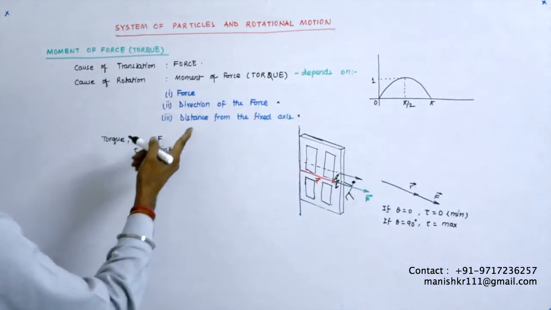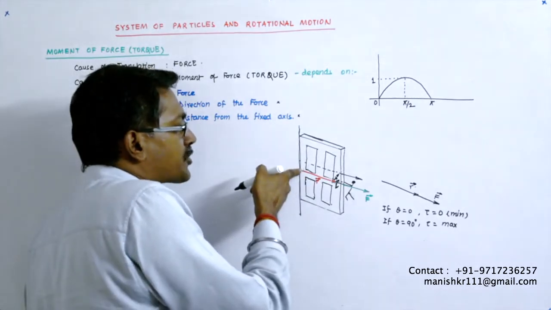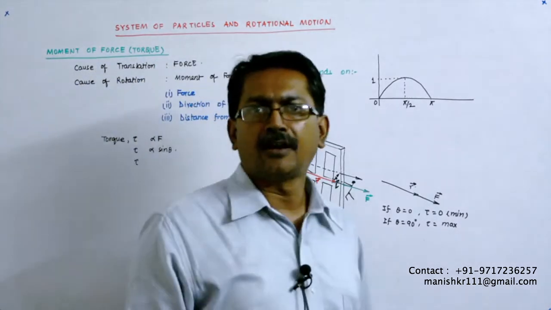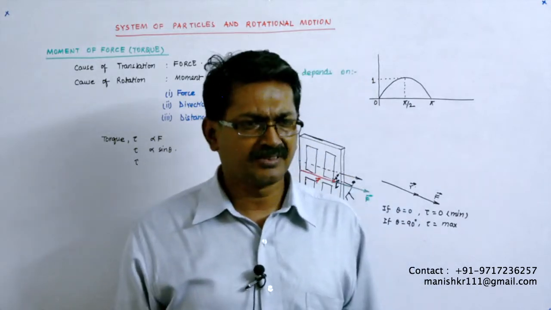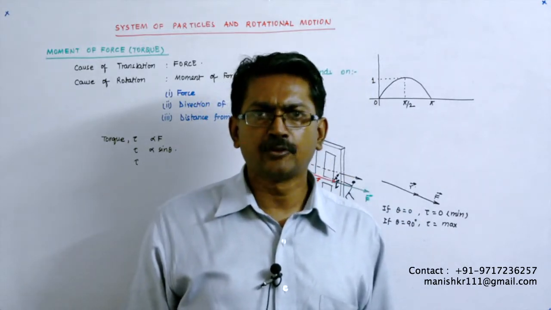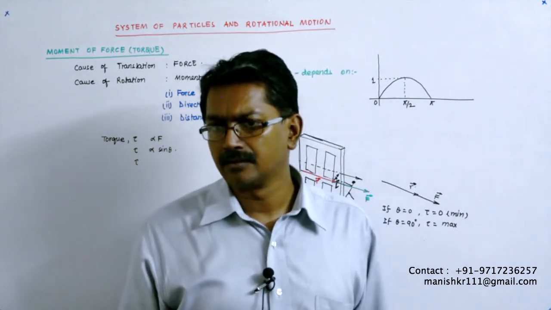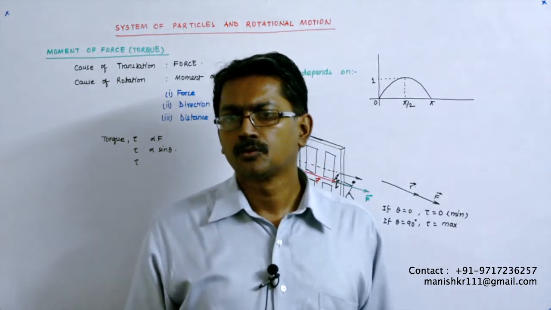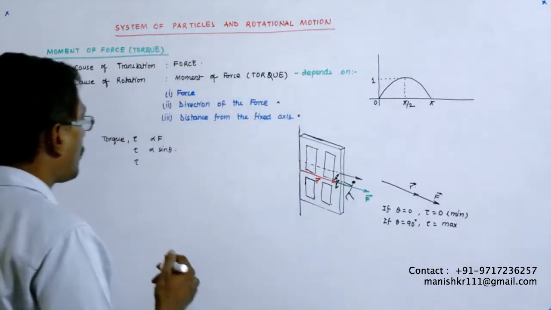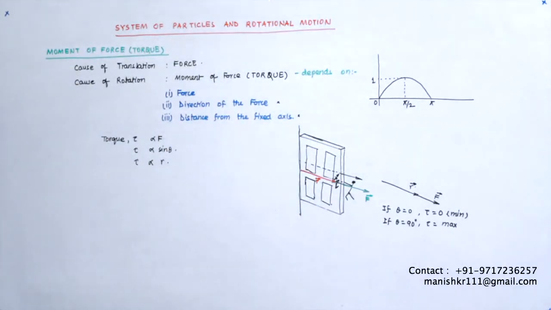Also, distance from the fixed axis, when I was pushing it from here, I found it more difficult to push it with the same force. No? If you become closer, maybe even your whole weight will not be able to rotate it. So somehow it is also directly proportional to R. Is it not?